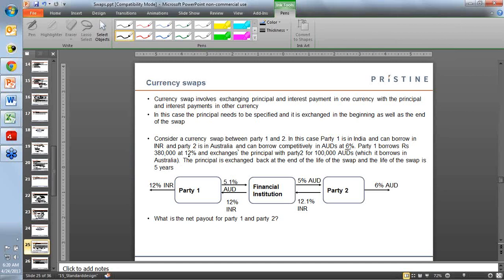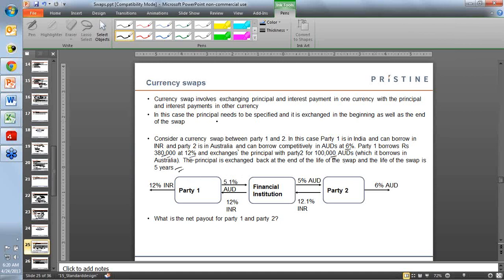and party 1 borrows 380,000 rupees at 12% and exchanges the principal with party 2 for 100,000 Australian dollars. The principal is exchanged back at the end of the life of the swap, and the life of the swap is 5 years.